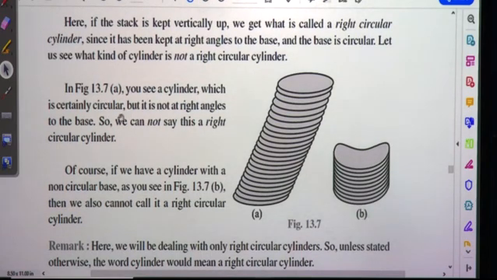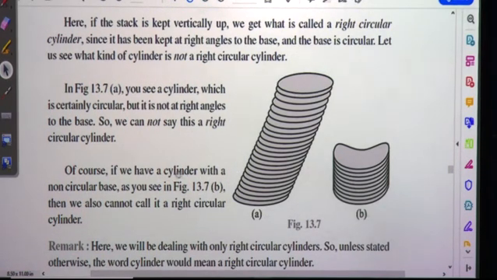In figure 13.7a, you see a cylinder which is certainly circular, but it is not at right angles to the base. So we cannot say this is a right circular cylinder.